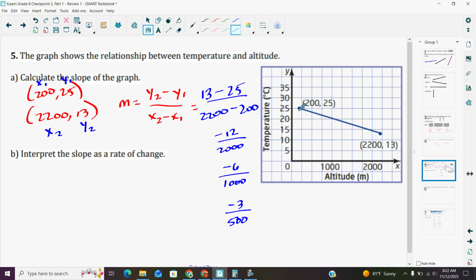Our units, notice it's a change in y over a change in x. These two things here, those are temperatures, right? 25 and 13. So degrees Celsius over change in x, meters.